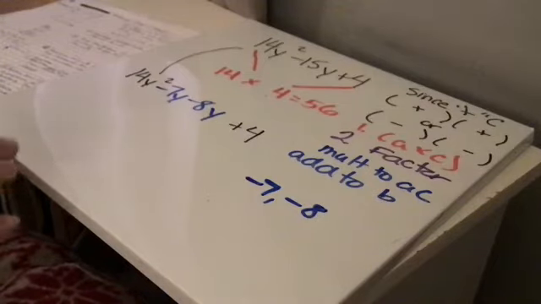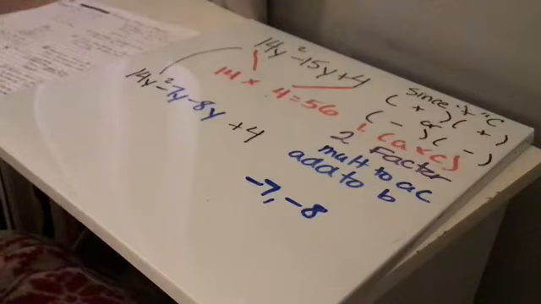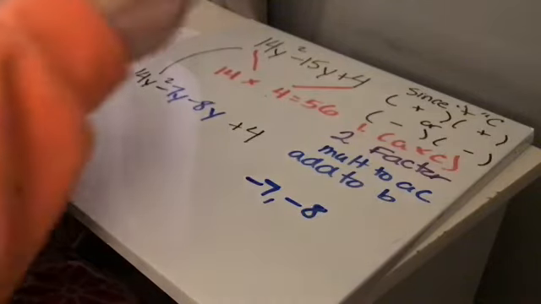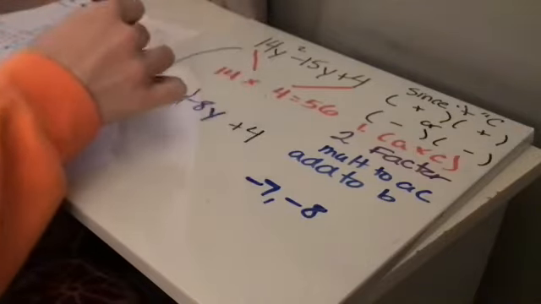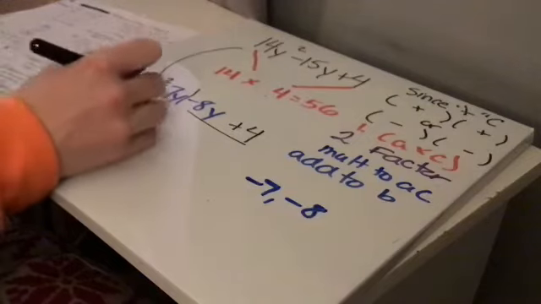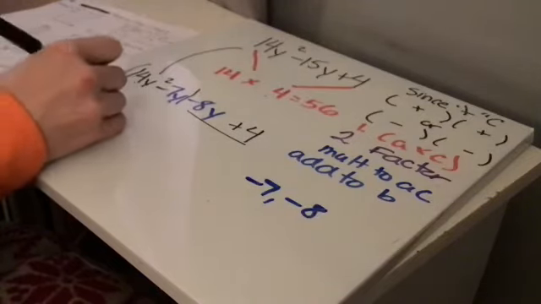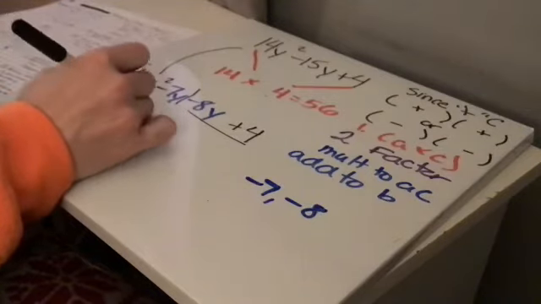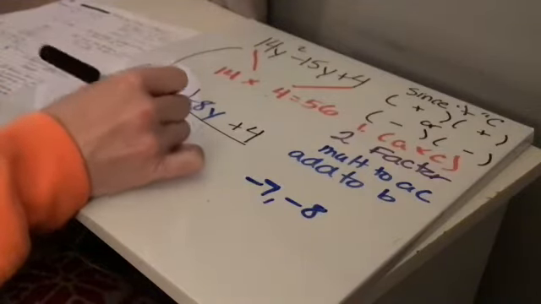Okay? Then you're going to find the greatest common factor of the first two terms and put these together, and the second two terms. So for these two, I'm going to factor out a 7y. Then if I divide both by 7y, I get 2y minus 1.